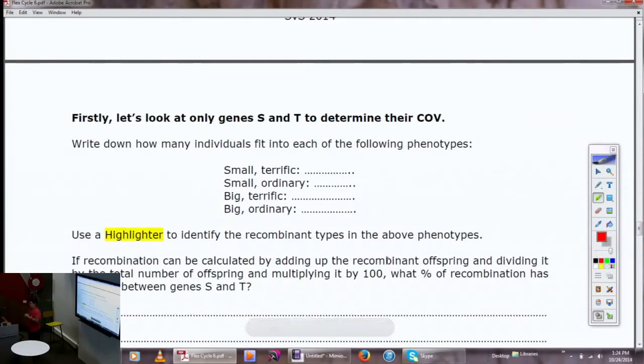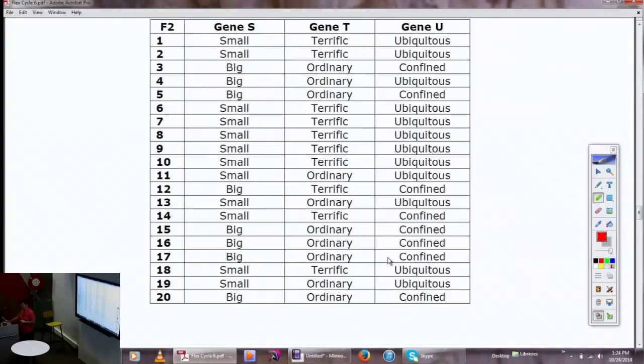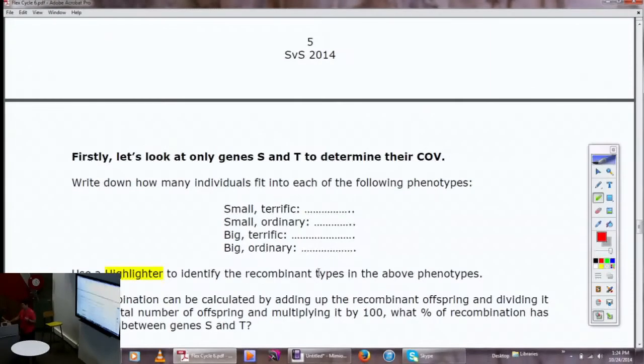So the question says, firstly, let's look only at genes S and T to determine their crossover value. So this one asks you, how many are small and terrific? You go back here and you only consider genes S and T. Small and terrific, 1, 2, 3, 4, 5, 6, 7, skip that one, 8, 9. 9 are small and terrific. Then you've gone through and you found out how many are small and ordinary.